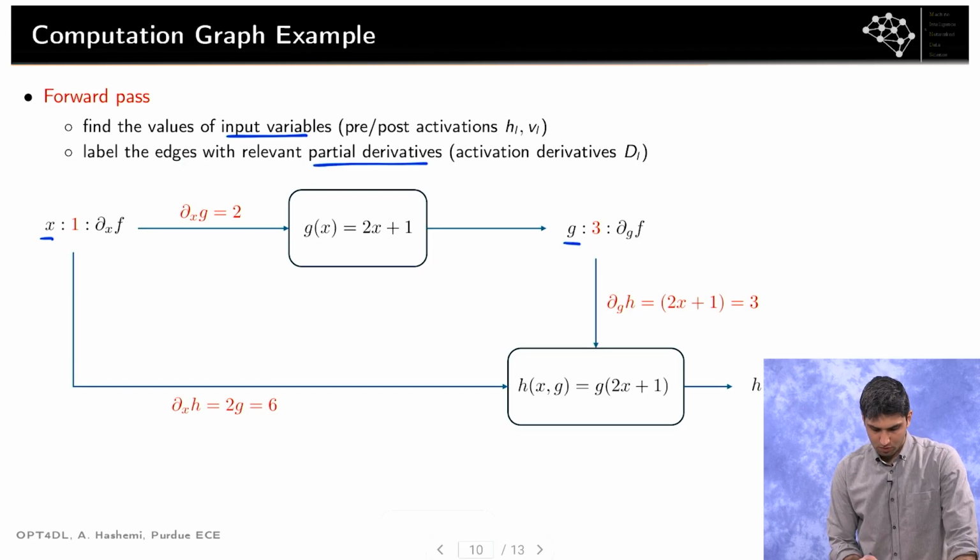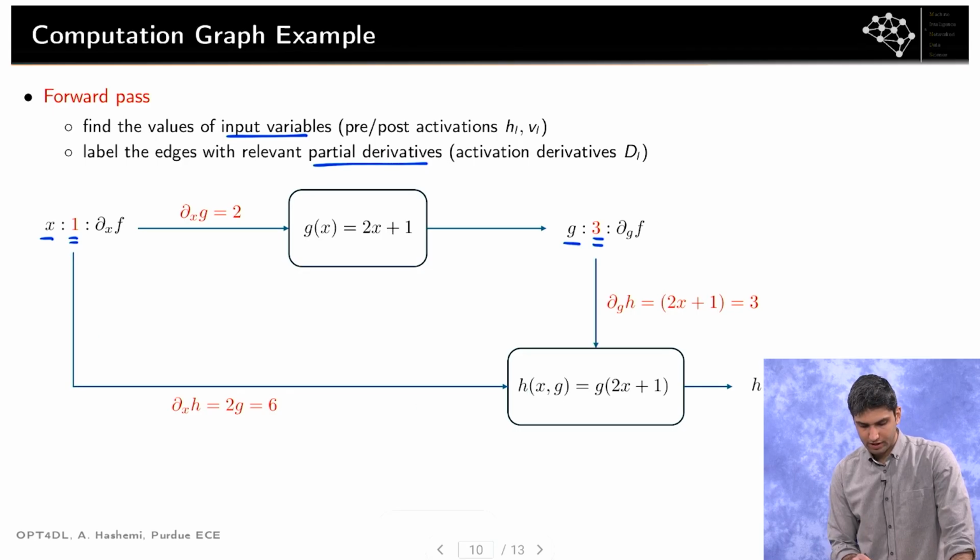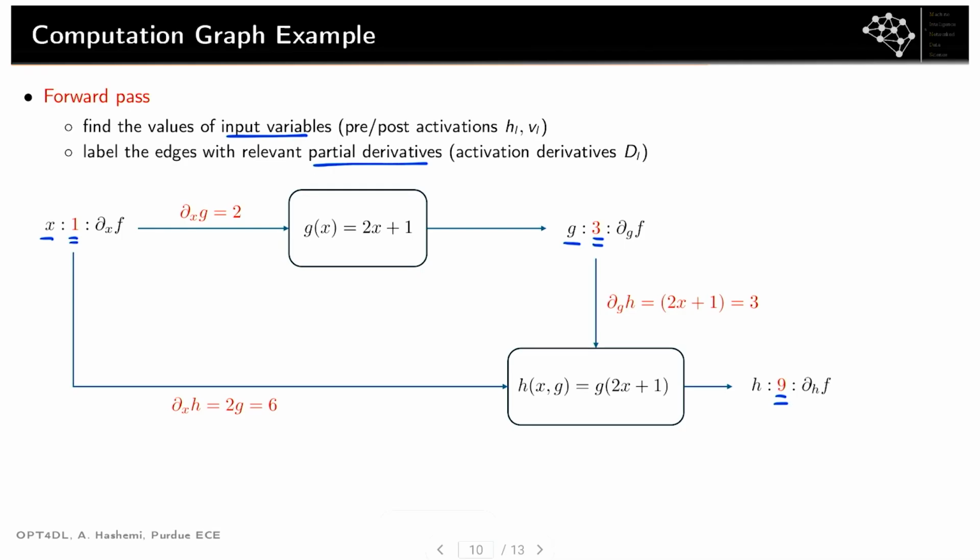So let's do this calculation. First, we'll see what each of these variables is. x was equal to 1, that I know. Given the dependency of g on x, g will be 3. And finally, given the dependency of h on both x and g, h will be 9. Okay, so this should be easy to see.